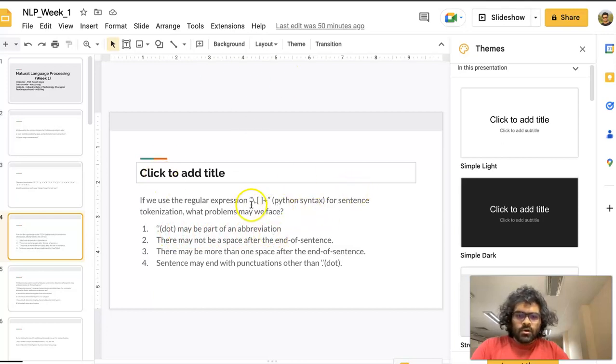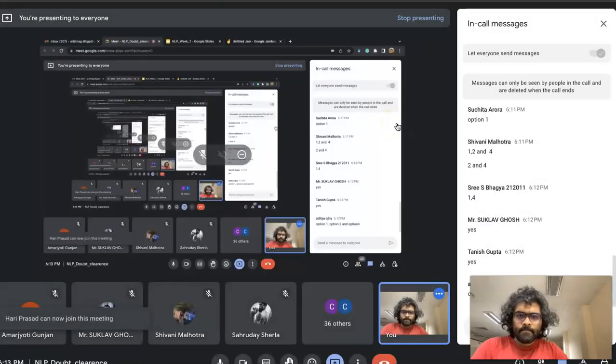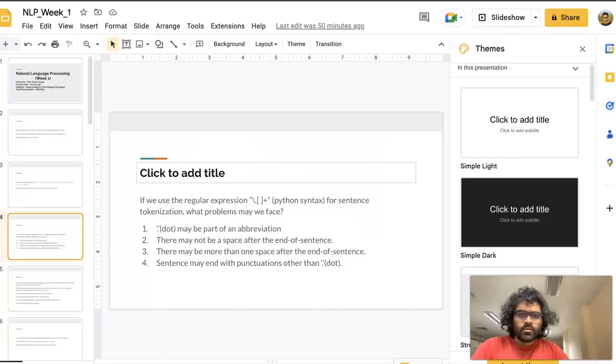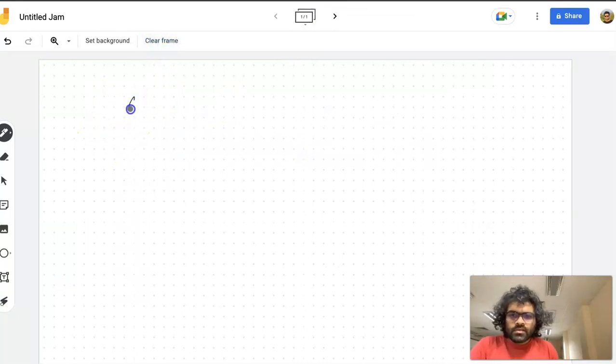Okay, so suppose this is sentence 1, then a dot, sentence 2, then a dot, then sentence 3, and then a dot.